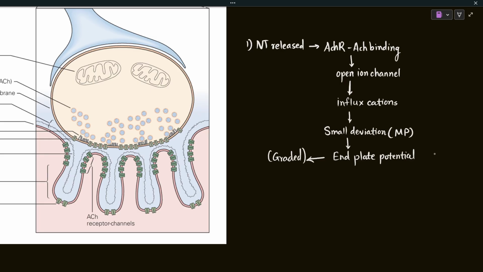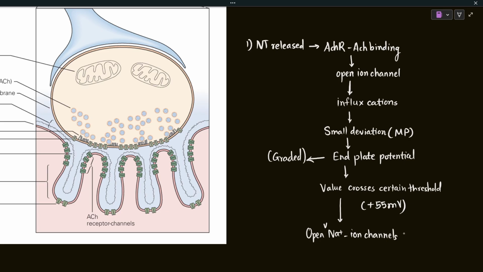Once the end plate potential is generated and its value crosses the threshold level, which can differ in each case and which we assume here is minus 55 millivolts, it is going to open voltage-gated sodium ion channels.